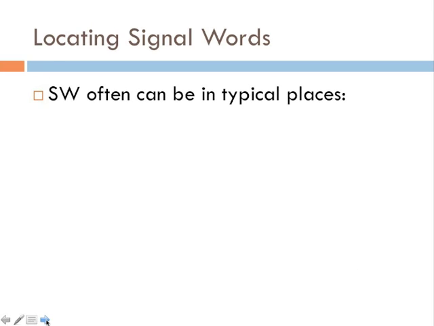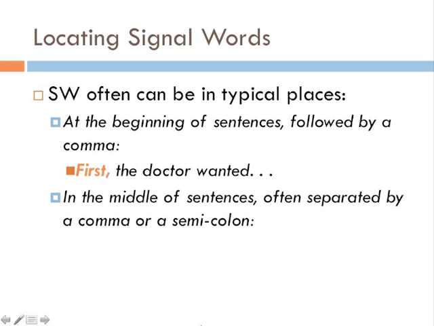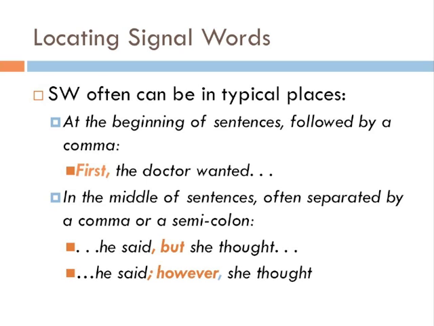Now again, locating signal words, the good news is that oftentimes we can look in typical places. For example, signal words are often at the beginning of sentences, followed by commas. For example, "First, the doctor wanted." We can also find them in the middle of sentences. They're often separated by a comma or even a semicolon. "He said, but she thought."